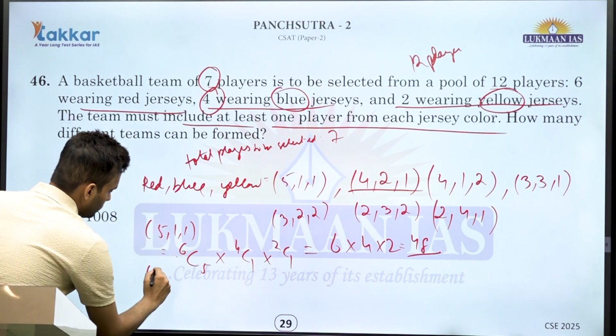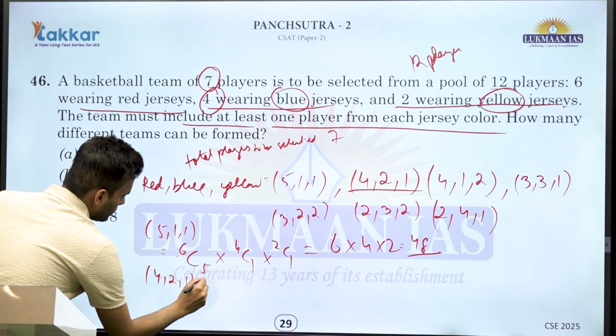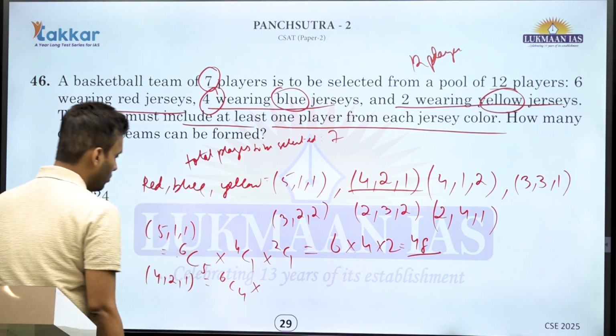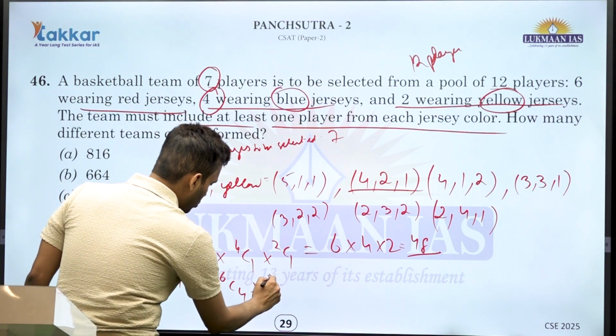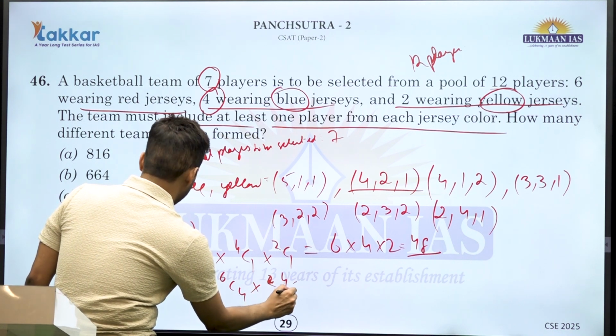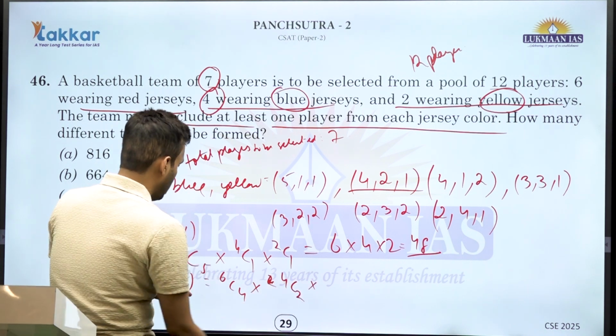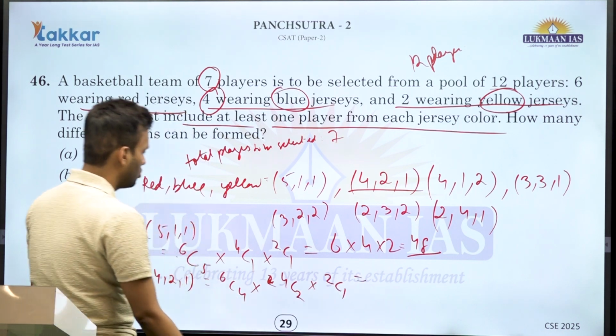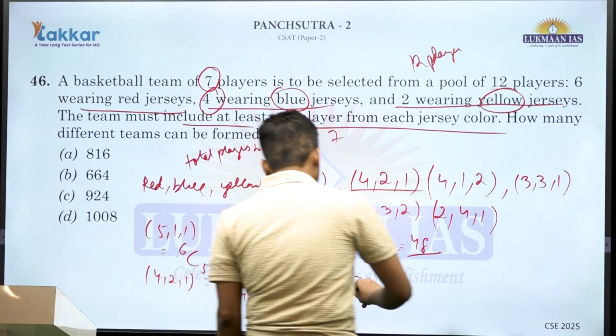Now let's check another: 4, 2, 1. 6C4 into 4C2 into 2C1. Solve this, you will get some value.